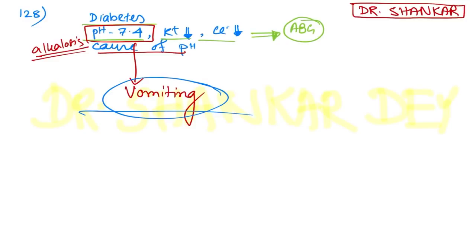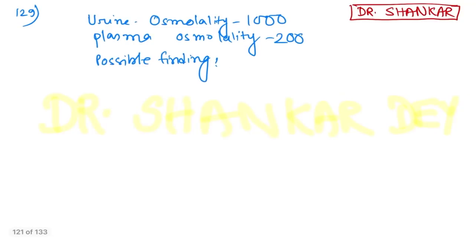So I think vomiting is the answer, because vomiting causes loss of gastric content, hypochloremic, hypokalemic metabolic alkalosis. It was a clinical scenario based question, and after excluding all the options, I came to the diagnosis of vomiting as the cause of this problem.